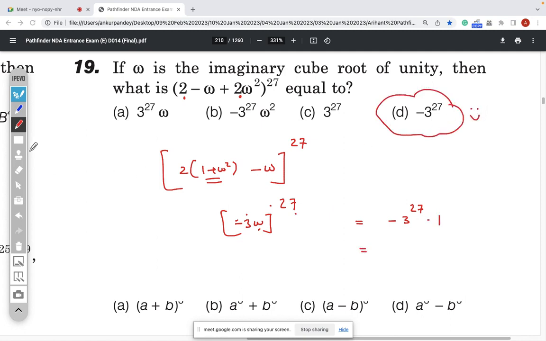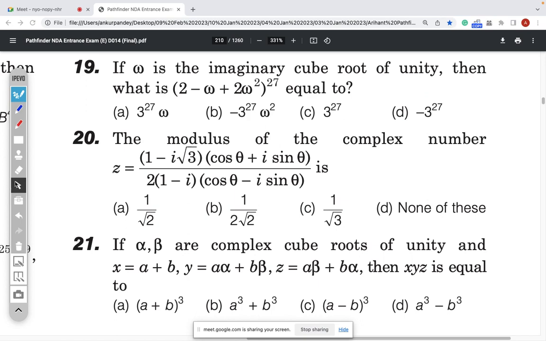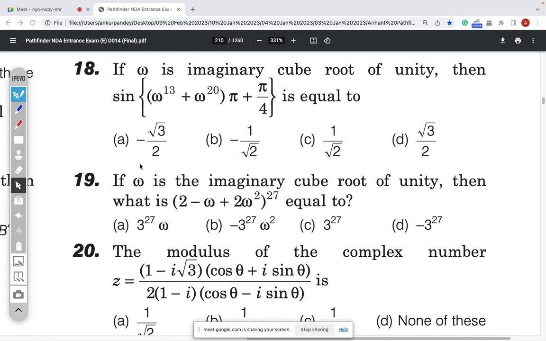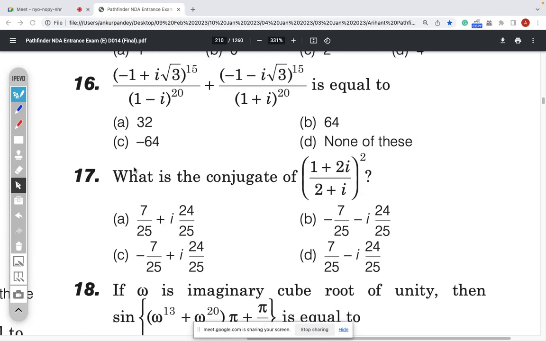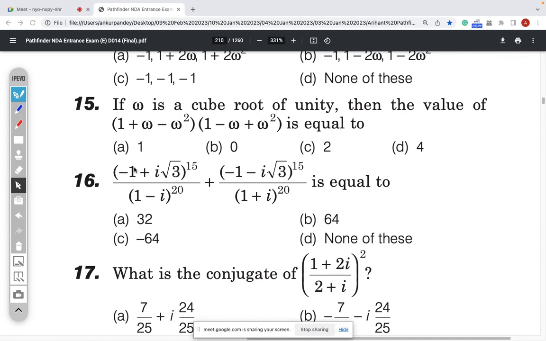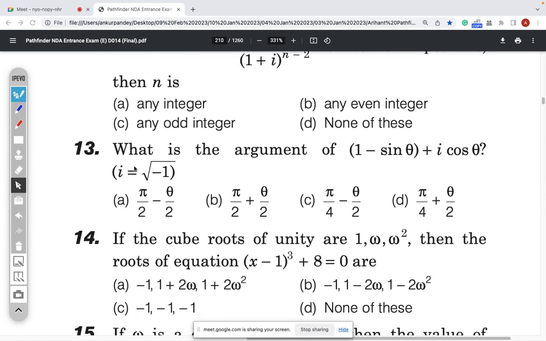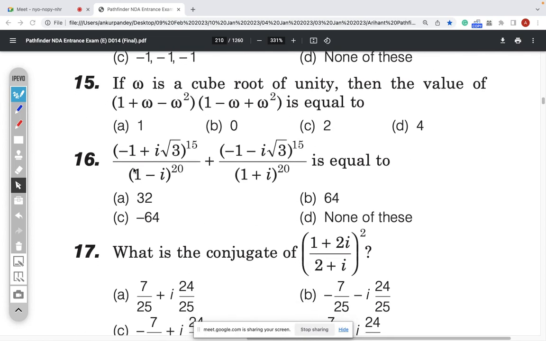Clear? So these are the types of question you will get from the omega category, right? Like if you want to solve question 15, quickly solve 15.